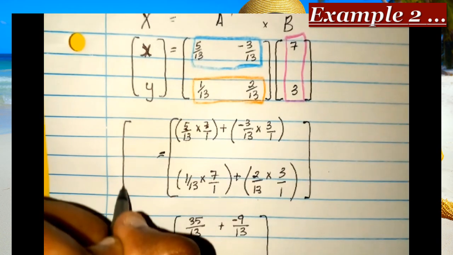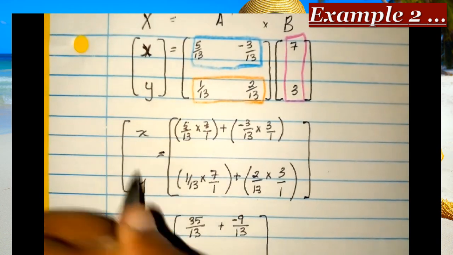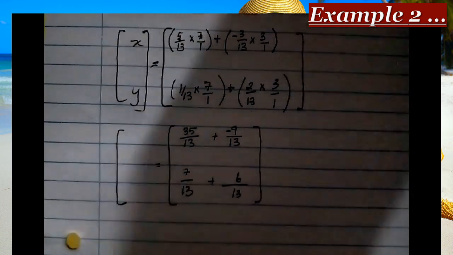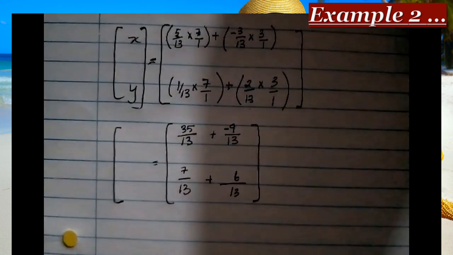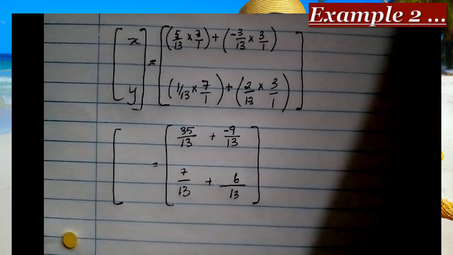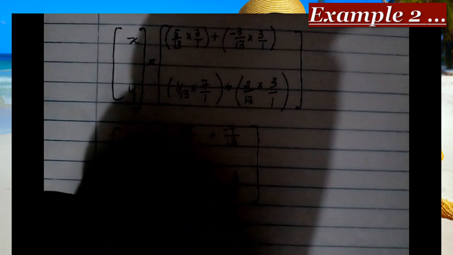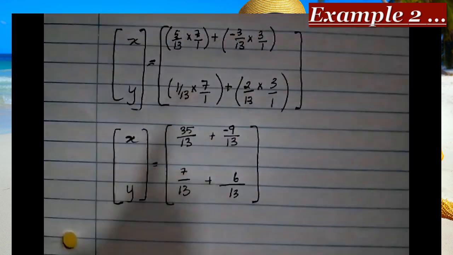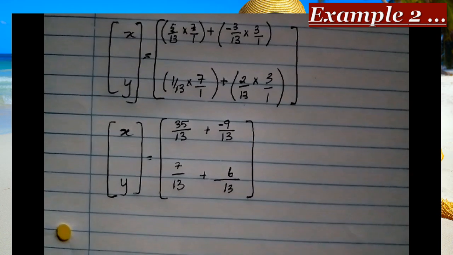So this is going to be X and Y. Keep this as well. Keep that as well. And it becomes X at the top, Y right here.